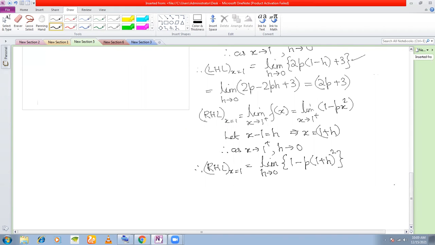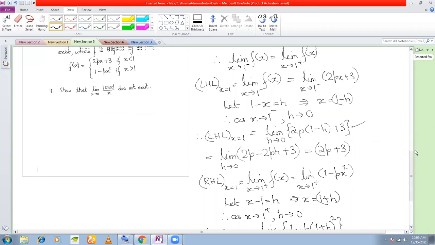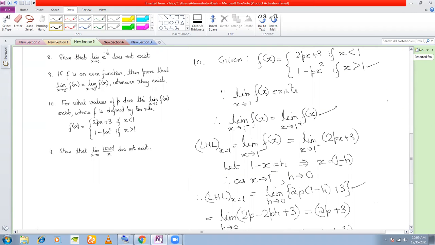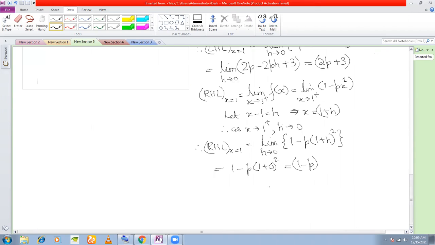Now what you can do is put h is equal to 0 here. So you get 1 minus p into 1 plus 0 square, so you get 1 minus p only. Because this limit exists, left hand limit must be equal to right hand limit.